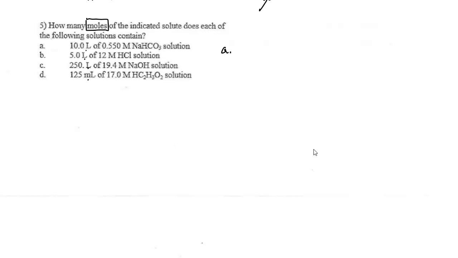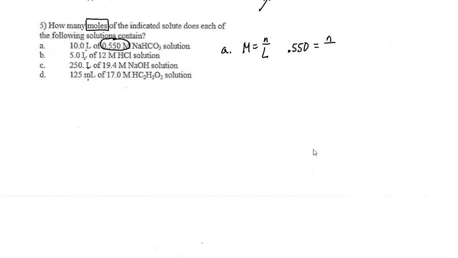Here is question A. Use the molarity formula because it relates molarity, number of moles, and liters. Make substitutions. In place of capital M is this value right here. That is the molarity. So 0.550. The letter N we don't know.